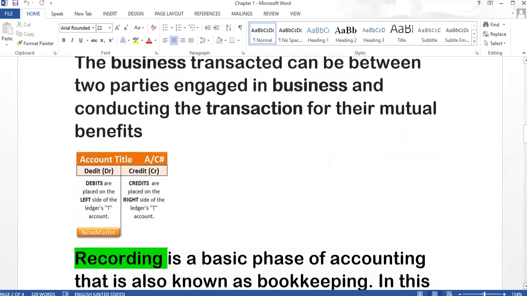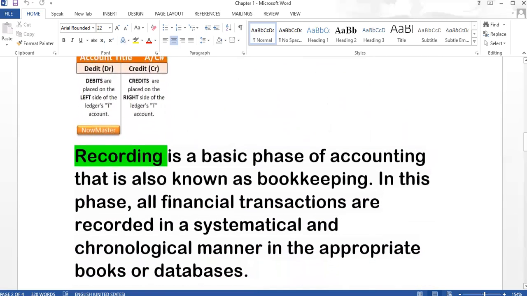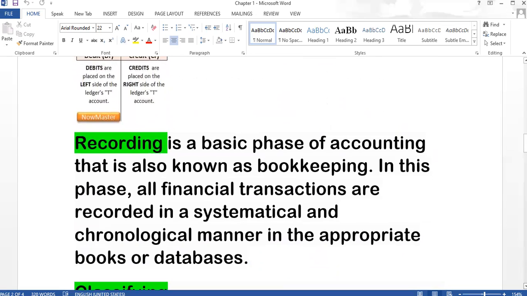Now, coming to the first aspect of the definition, which is recording. Recording is a basic phase of accounting that is also known as bookkeeping. In this phase, all financial transactions are recorded in a systematic and chronological manner in the appropriate books or database.